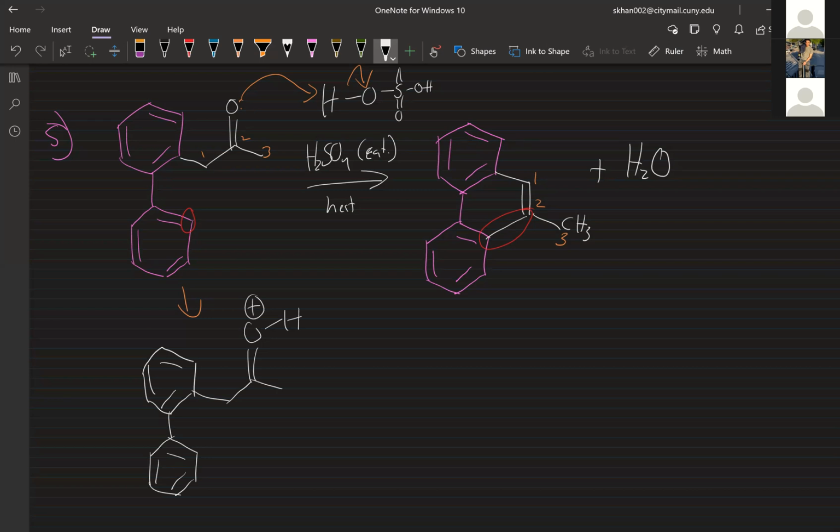So what we could do is take carbon 2 here, or the pi bond between 2 and the bridge, and remember, pi bonds can act as nucleophiles. So we're going to break aromaticity for a second. Let's make sure I draw it right. And we're forming that bond to 2 now.